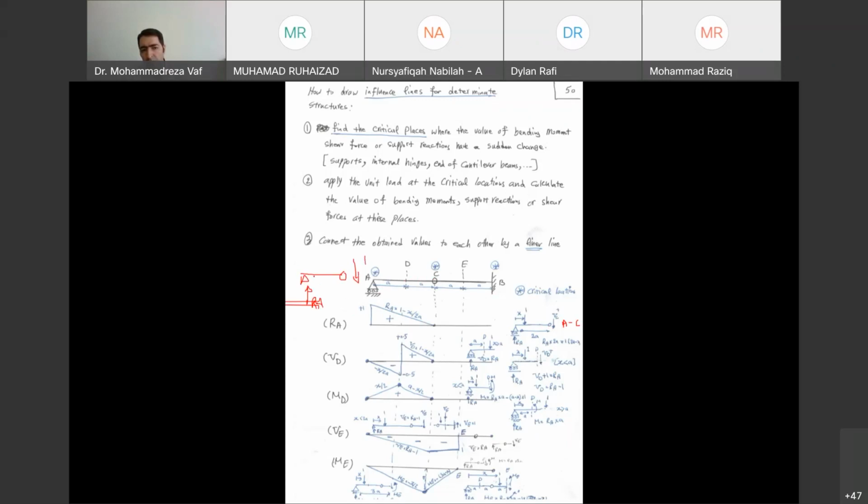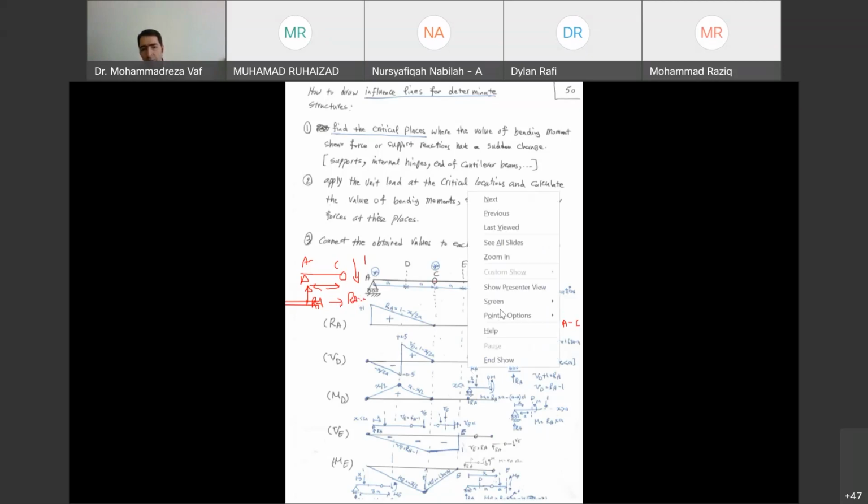So if the load is not in the span from A to C, then sigma M at point C equals 0. So RA multiplied by this distance should be 0. From there, you can see RA is going to be 0.